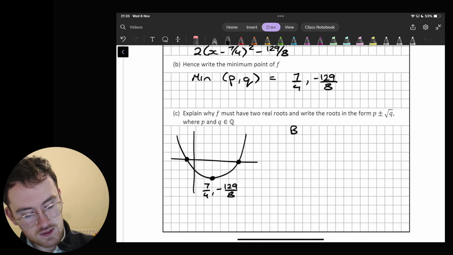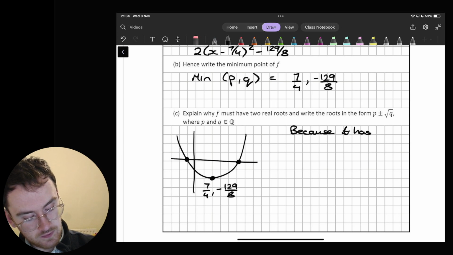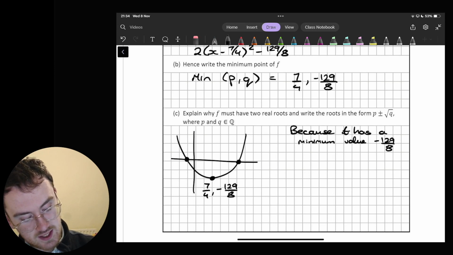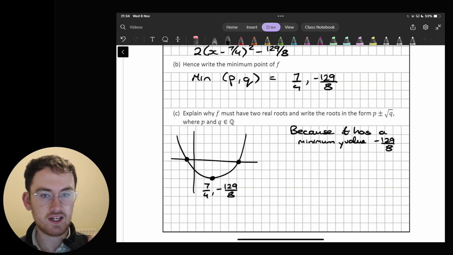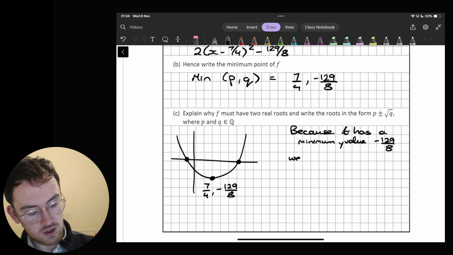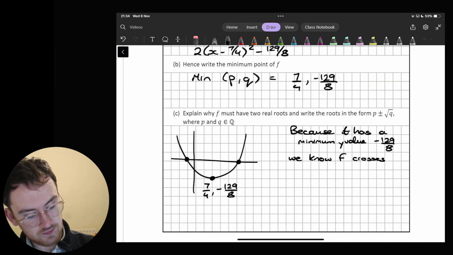So because it has a minimum value of minus 129 over 8, a minimum y value if you like, we know f crosses the x-axis.